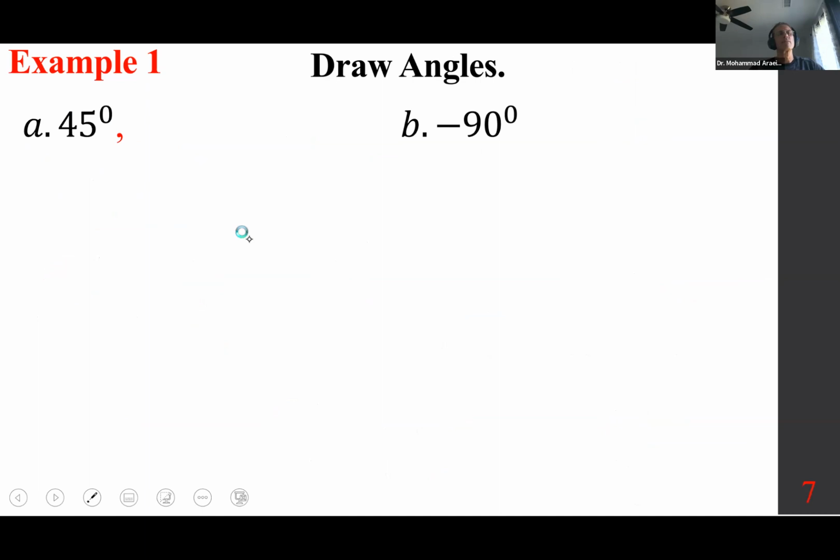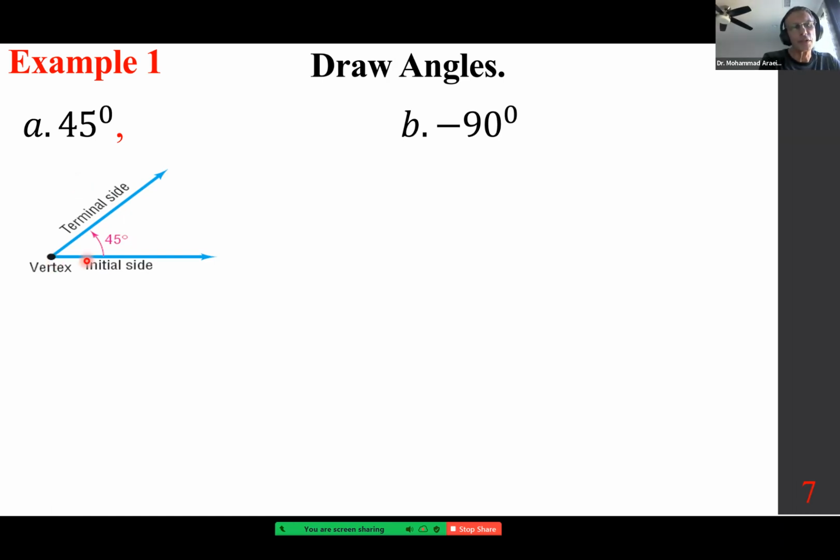We want to draw a 45-degree angle. Generally speaking, we start with the standard position, which means the initial side is along the x-axis, and we make a 45-degree angle. That would be making it to the terminal side.